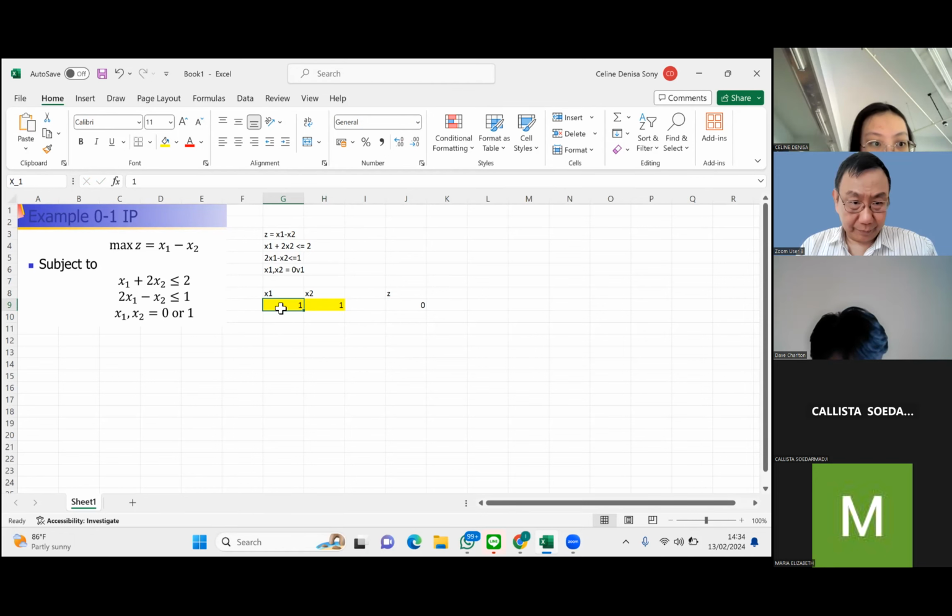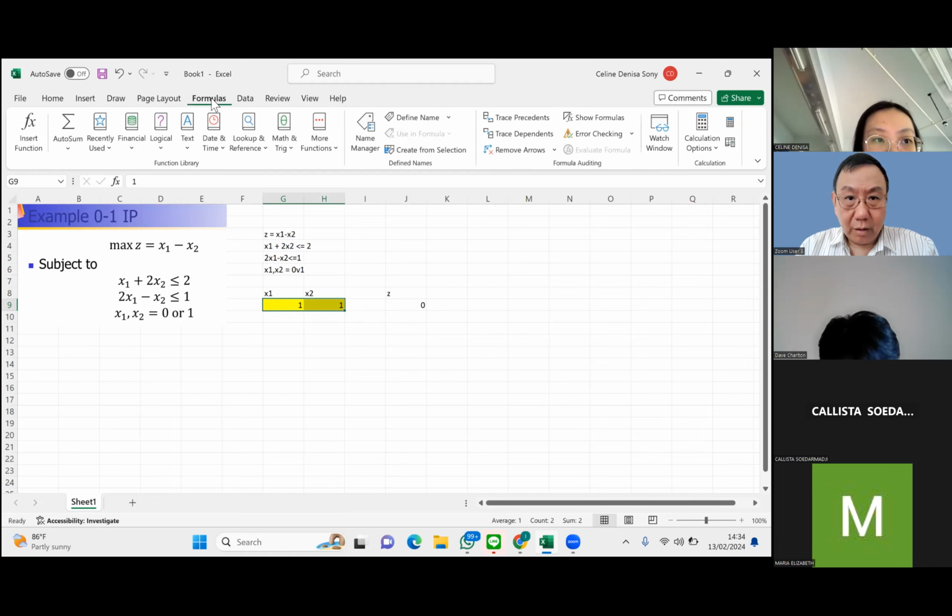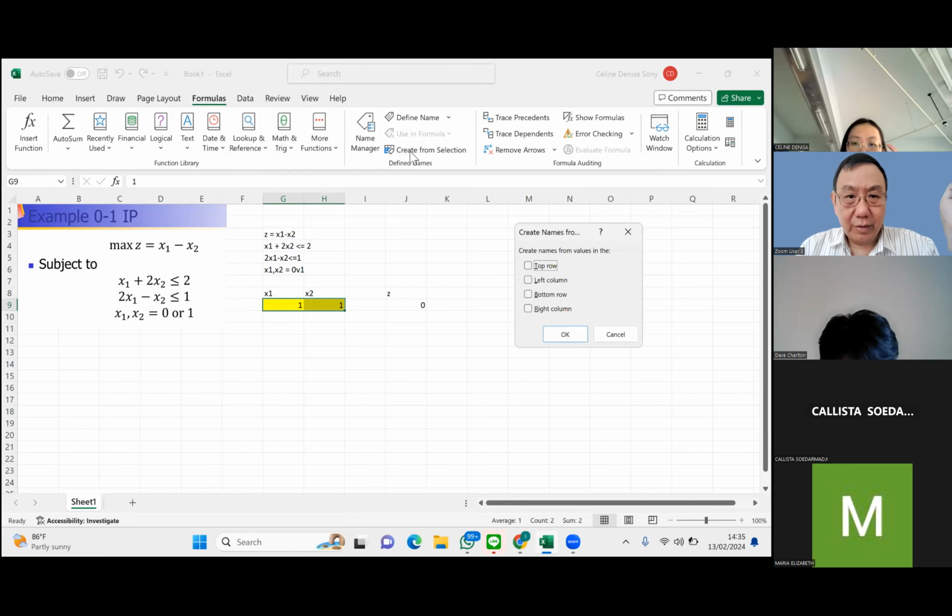Select all of that. And then go to formula. Create from selection, in the middle.